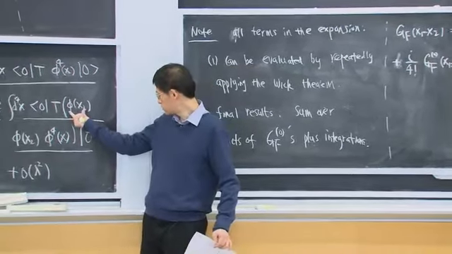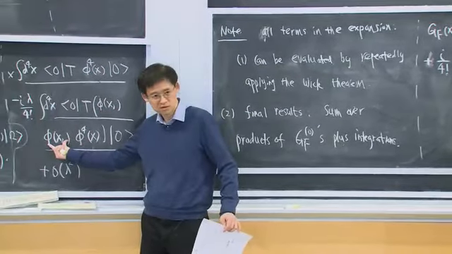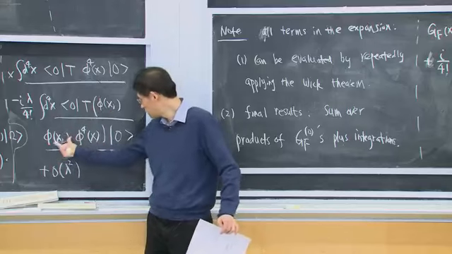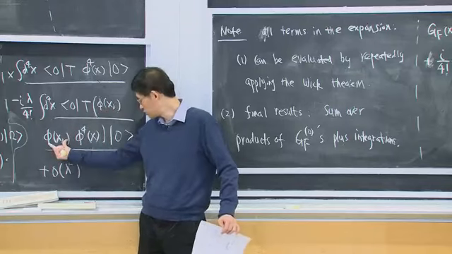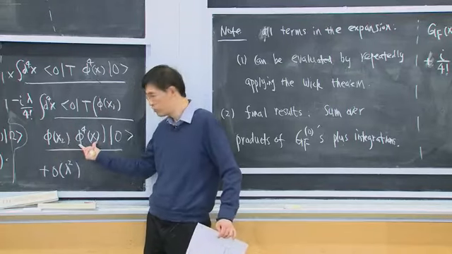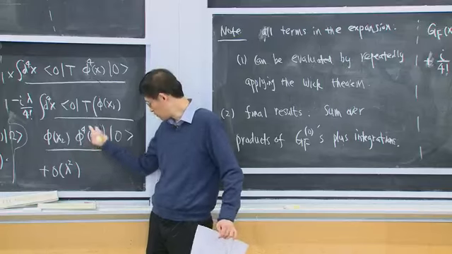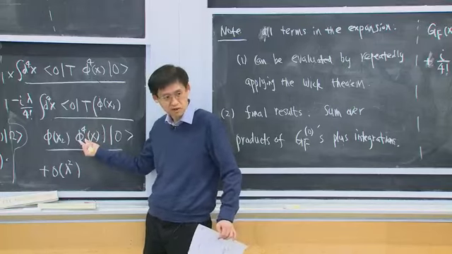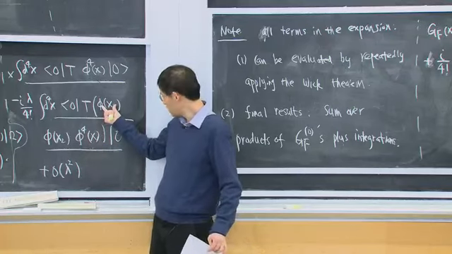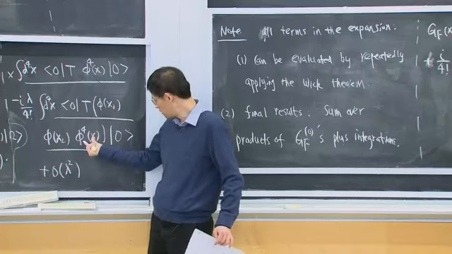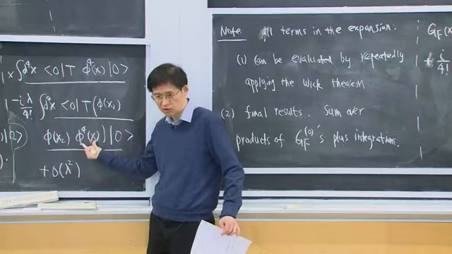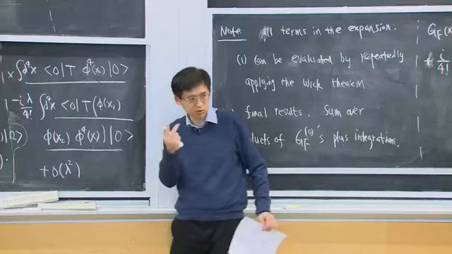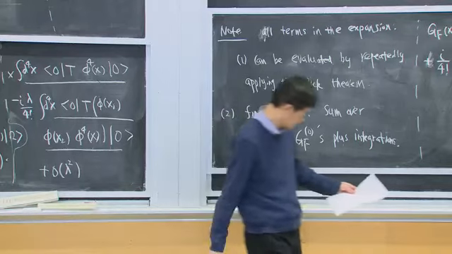Either φ(x1) and φ(x2) contract with each other, and the 4 φ's contract among themselves; or φ(x1) contracts with one of the φ's here, and then φ(x2) also has to contract with one of the φ's here.